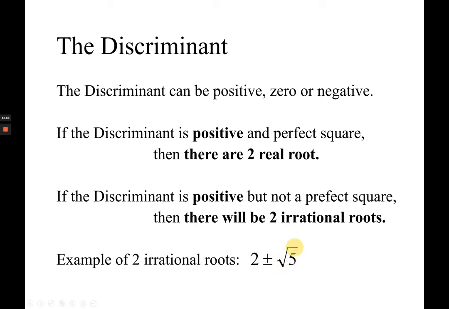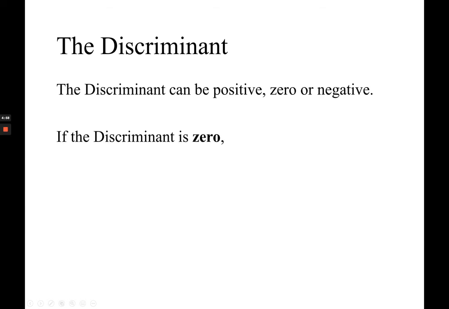This is an example of irrational roots, wherein you have a value whose square root cannot be turned into a whole number. Instead, it becomes a decimal. That makes it irrational. Now, what if the discriminant is 0? Well, in your quadratic formula, if the discriminant is 0, you have one real root, or one real number solution.